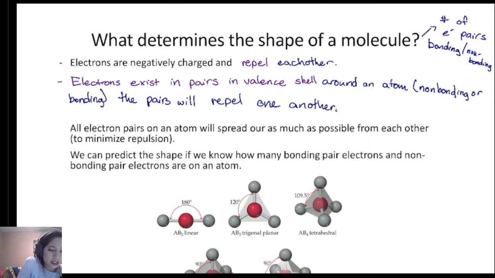So that's why it's important to count the number, because it's that number of electron pairs that will define what shape you make, and we can predict the shape because we're assuming that electrons will repel one another as much as possible.